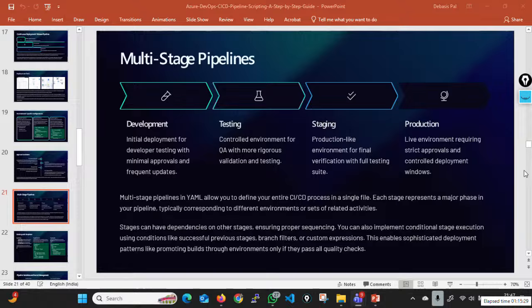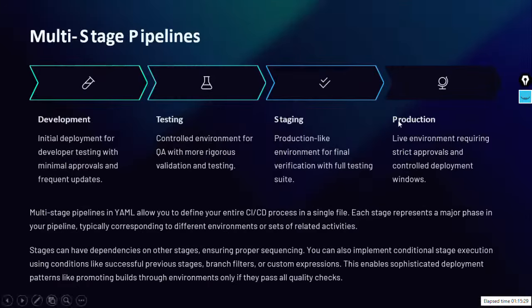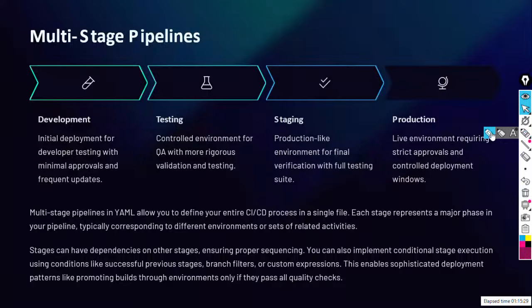It is not mandatory that you need to. Oh, sorry, is the screen visible? Yes, sir, visible. Okay. So it is not mandatory to have two different pipelines. You can do multi-stage pipelines in one single pipeline file. In a single file, you see, this is a single file.